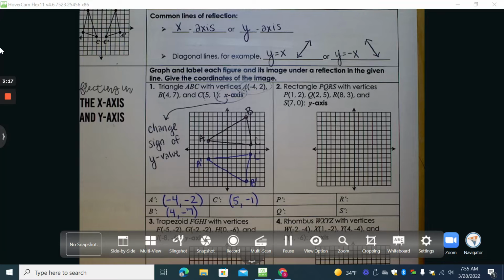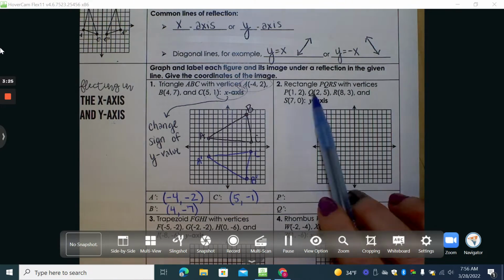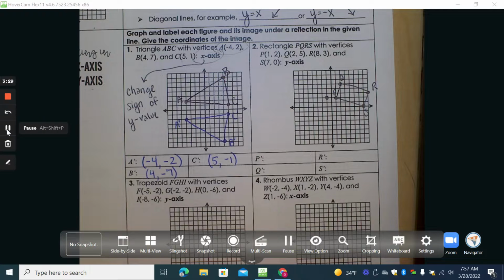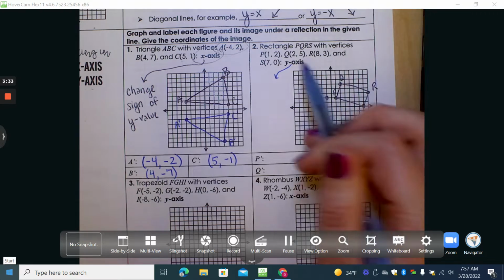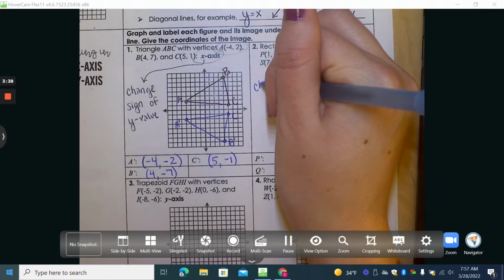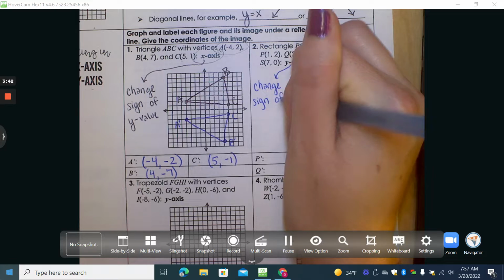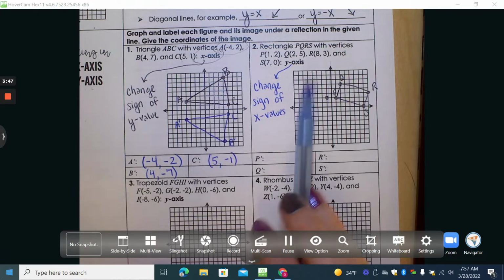Similarly, if we reflect something over the y-axis, we're going to actually just change the sign of my x value. Let's start by graphing PQRS. Take a moment and graph all 4 of those points. So I have my 4 points PQRS, and what I'm going to do is reflect it over this y-axis. So I'm actually going to change the sign of my x values so that all of my x values become negative.